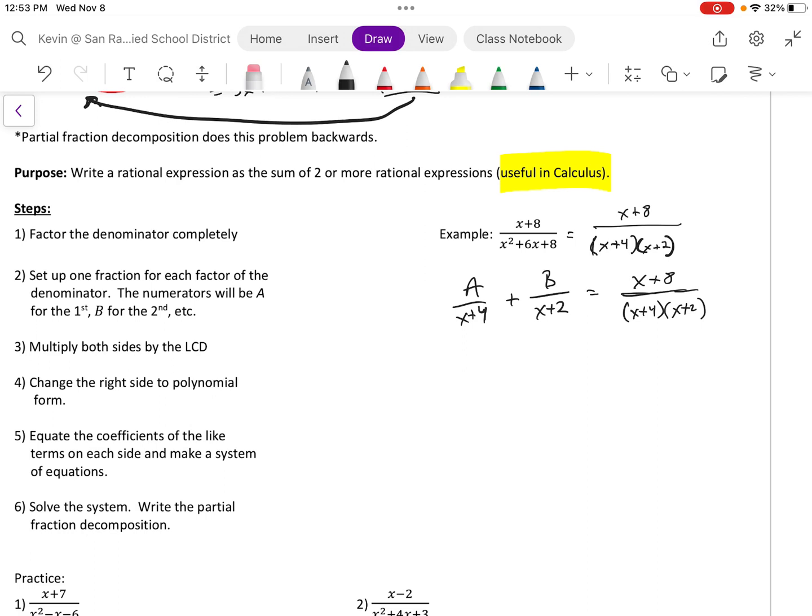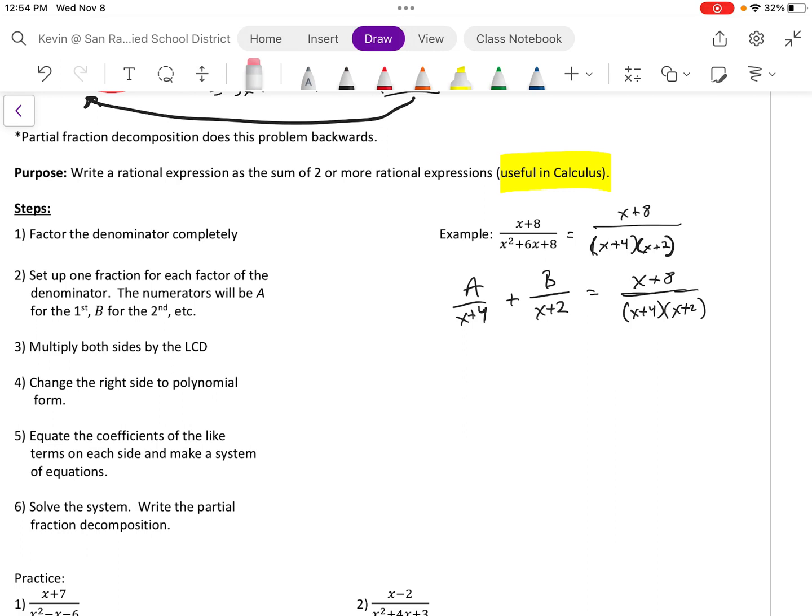Okay, so we need to find these values, A and B, and A is going to be some number times x plus 2, and B is going to be some number times x plus 4, because you'll see this in a minute, sort of the kind of cross multiplication, if you want to say.